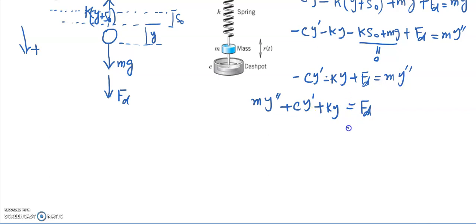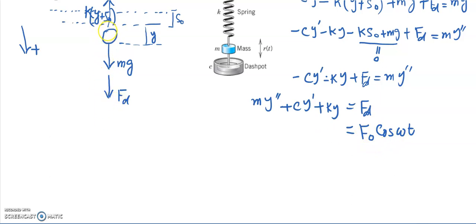In this case, we take the driving force in terms of the cosine function, or we can even take it in terms of the sine function as well. Fd is the driving force, so we normally take it in terms of the cosine function, whereas the argument of the cosine we take as omega t. Why we take omega t will be made clear very soon. First of all, why do we take a cosine function?